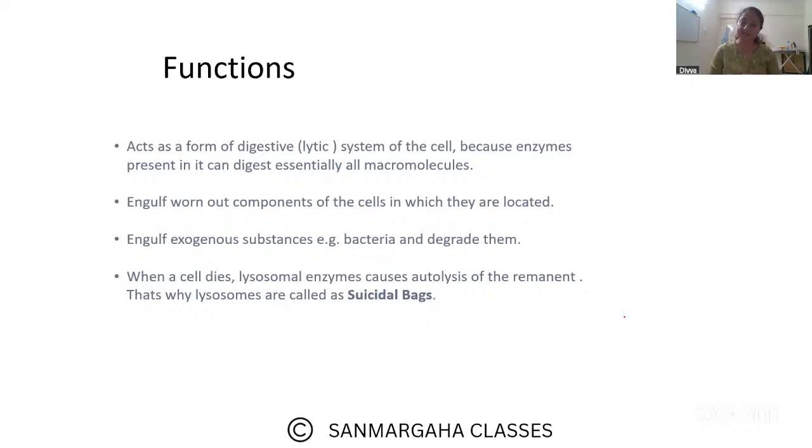And as I told you, it also engulfs the worn out components of the cells, and hence it is also called a suicidal bag. Why suicidal? When the cell dies, it eats it up.